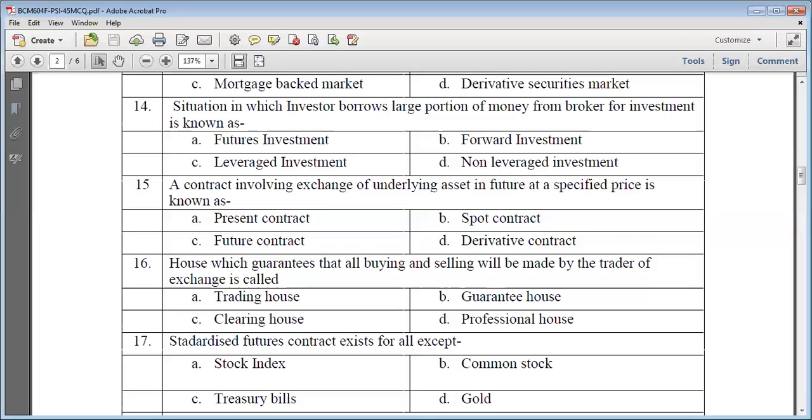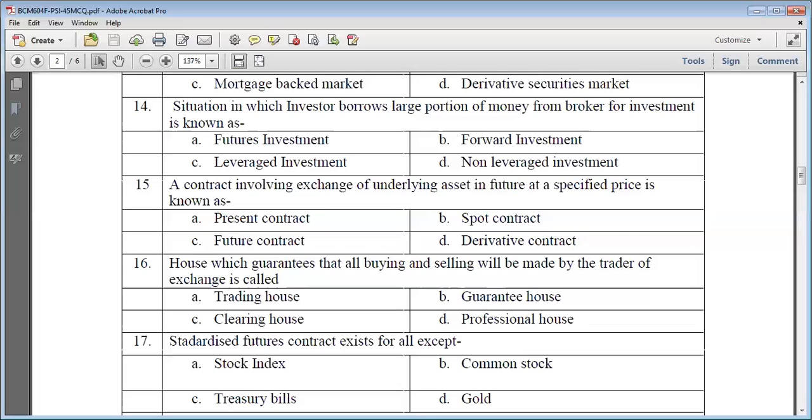Due to this feature, the person with a loss always tries to avoid the obligation of the contract. If he does not fulfill the obligation of the contract, then the other party has to suffer. This is called default risk. This default risk can be avoided by the clearing house of the derivative market. The clearing house, in most cases, takes some security money from both parties and adjusts it on a daily basis.